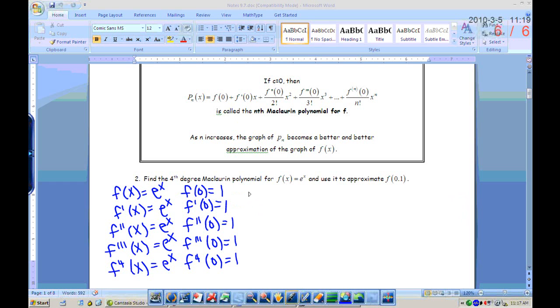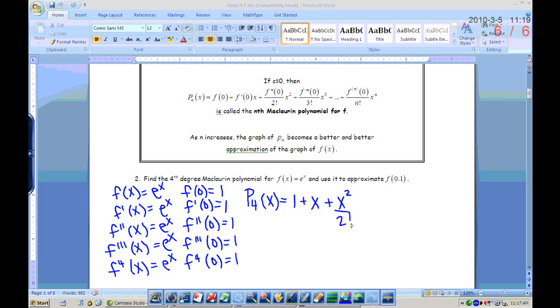All right, so if I'm writing the fourth degree polynomial, I'm going to call it P4 of x. And P4 of x is going to equal f of 0, which was what? 1, plus f prime of 0, which is 1, times x, so just plus x, plus the second derivative at 0 times x squared over 2 factorial.